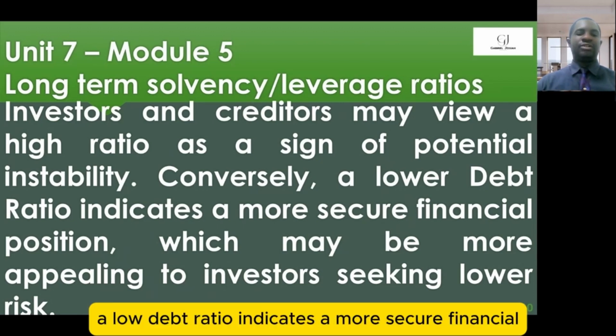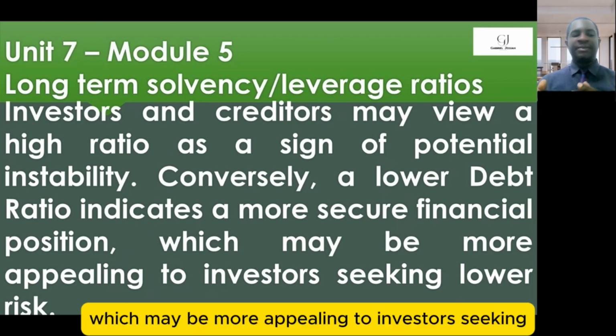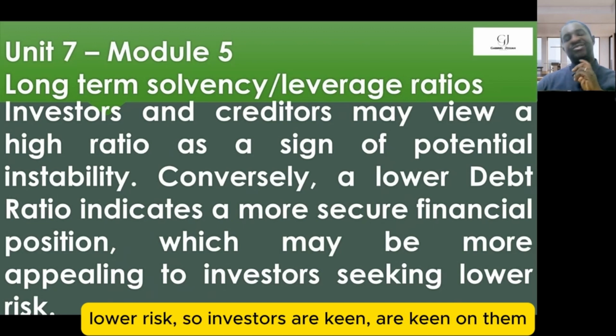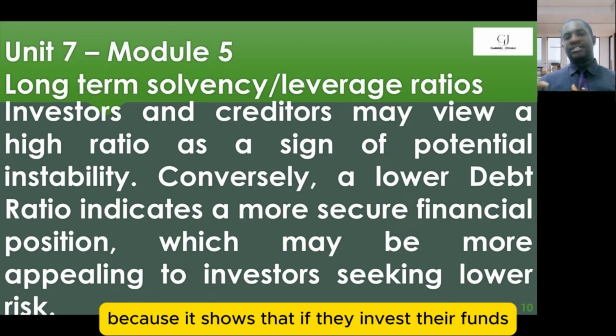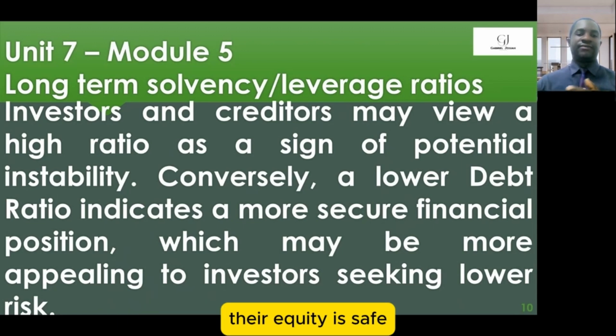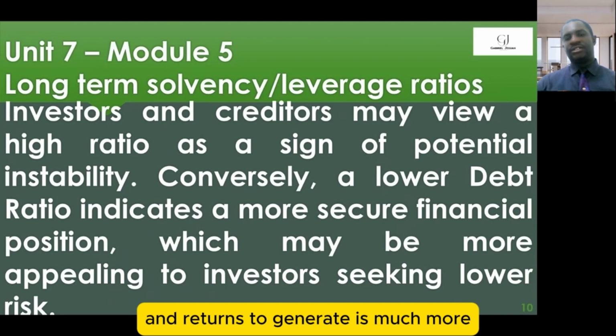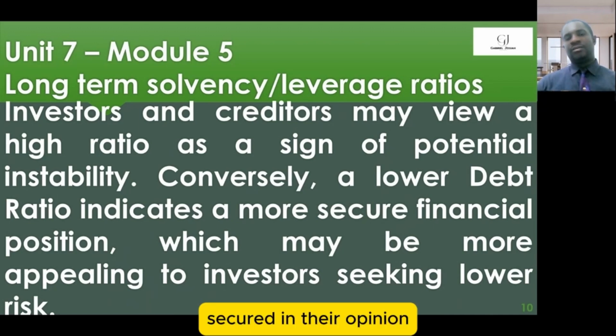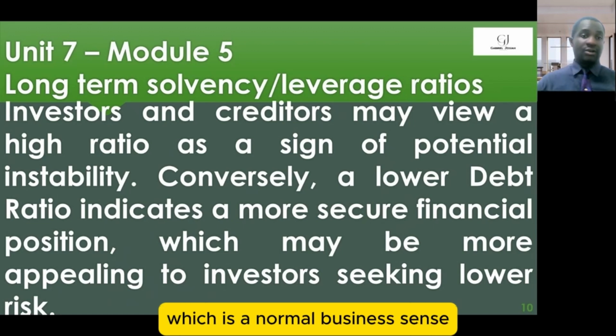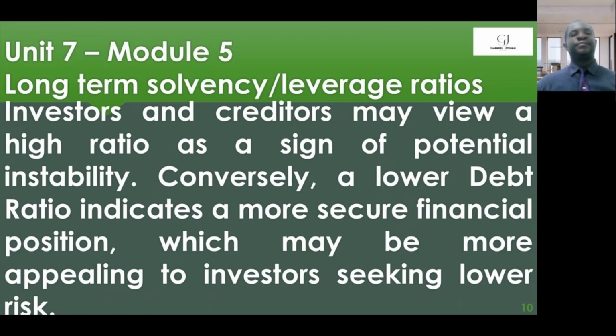Conversely, a low debt ratio indicates a more secure financial position, which may be more appealing to investors seeking lower risk. So investors are keen on a company having a low debt ratio, because it shows that if they invest their funds, their equity is safe, and the returns generated are much more secured in their opinion, which is normal business sense.